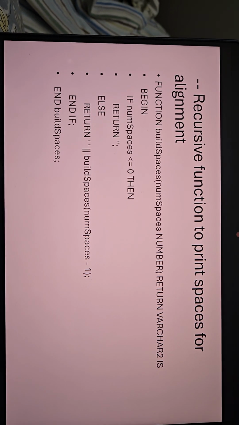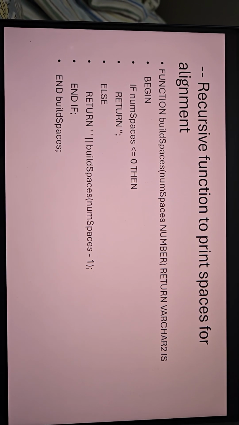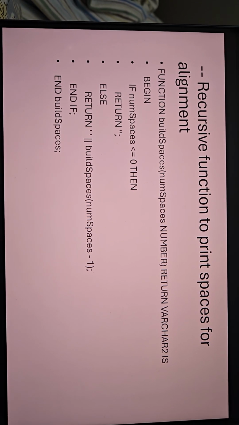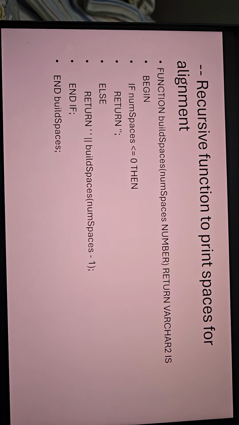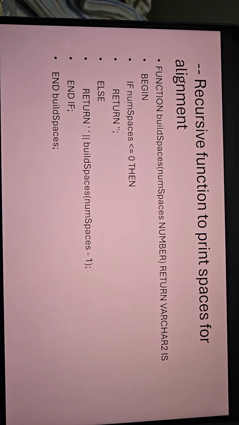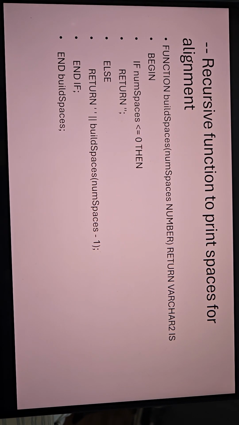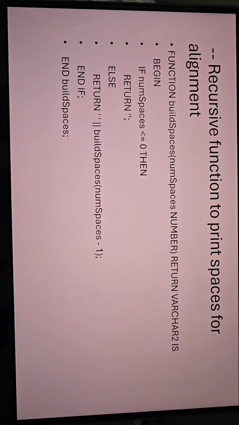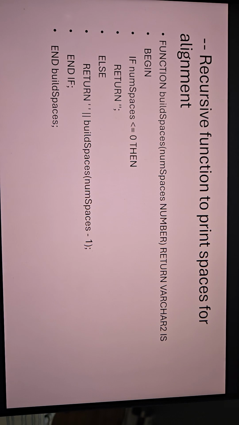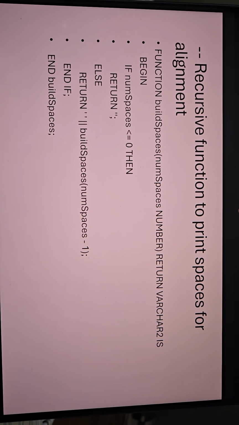For example, if you have 5 spaces, it will print a space, and then call build spaces for that number of spaces minus 1. So if you have 5 for num spaces, it will print out a space and call build spaces for 5 minus 1. And if num spaces is less than or equal to 0, it will just return without any output.